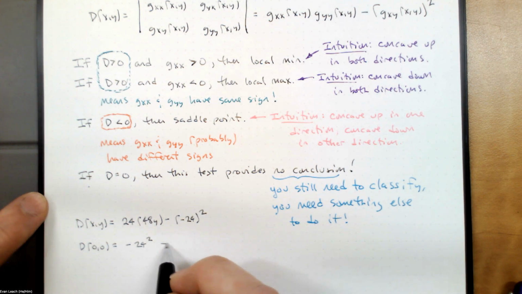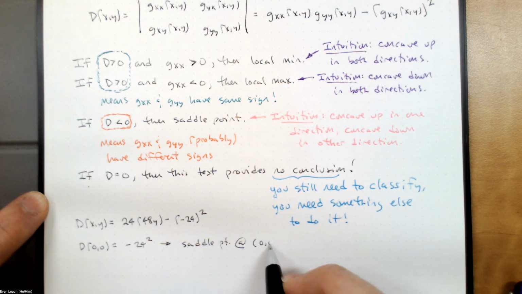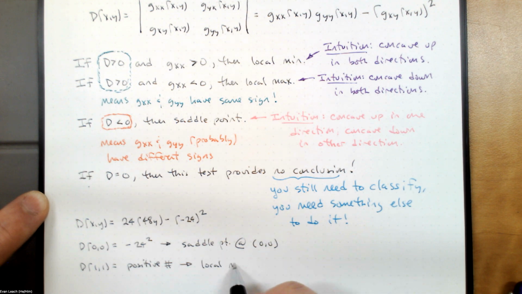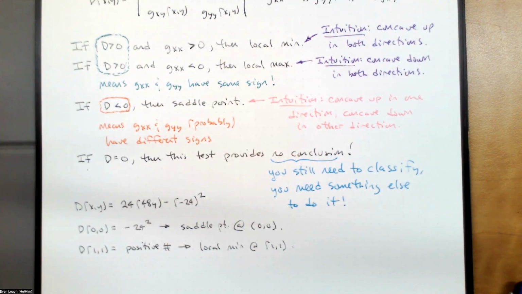I don't know what 24 squared is. So this determinant is how we put together the four second partial derivatives into one function that we can drop our critical points in. Any questions?